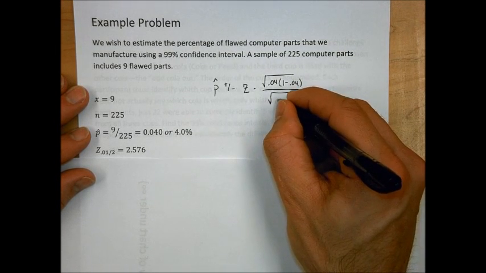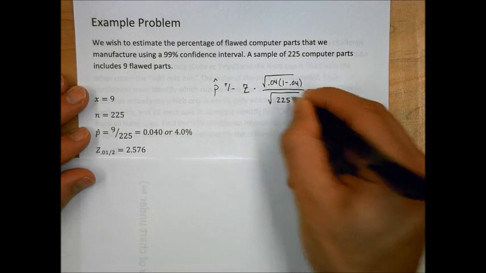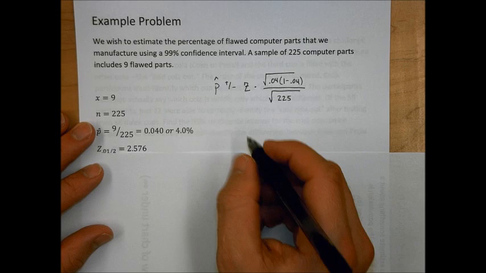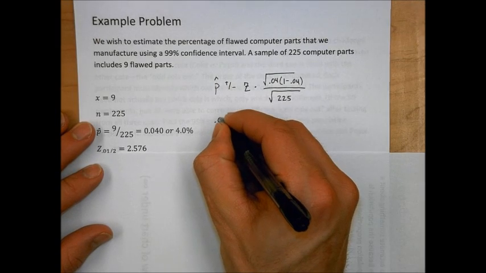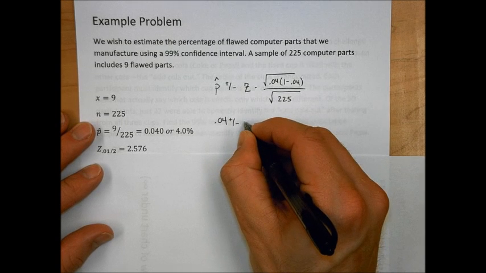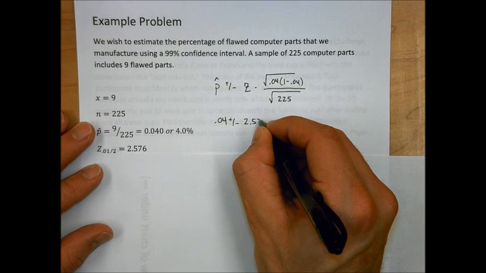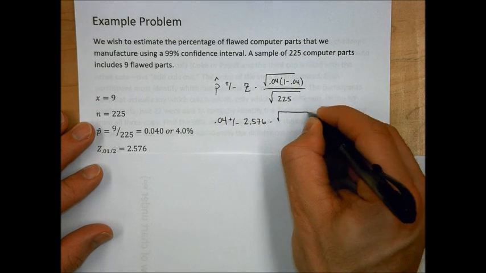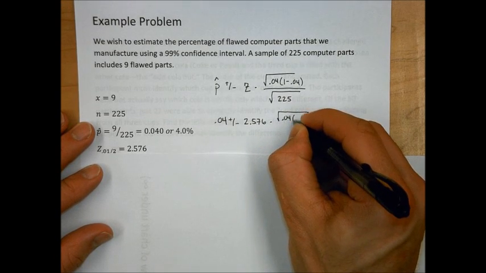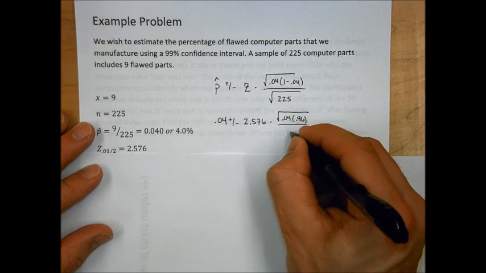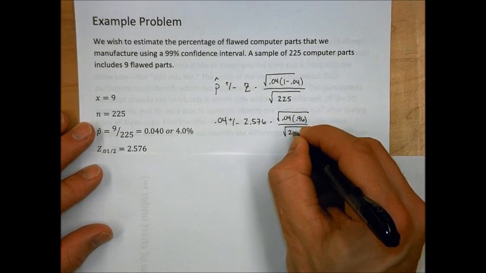In this case, the sample size is 225. If we add in a few more numbers, we would get 0.04 sample proportion plus or minus 2.576 times the square root of 0.04 times 0.96 divided by the square root of 225.